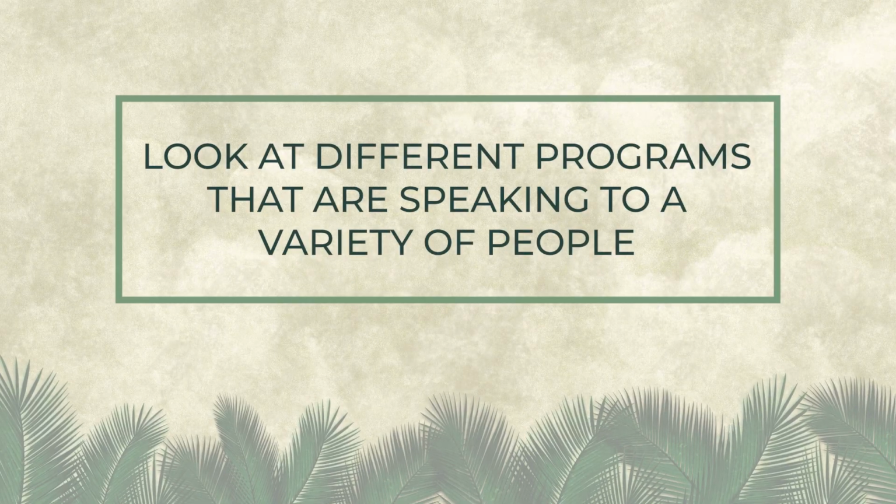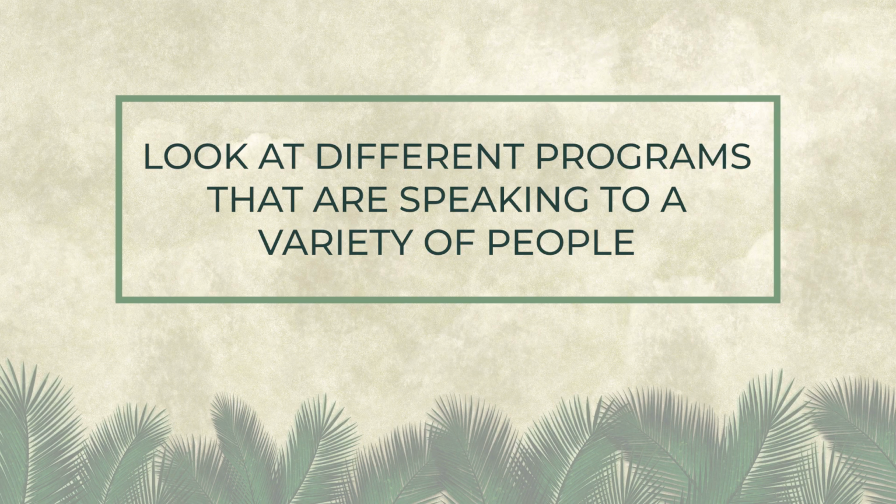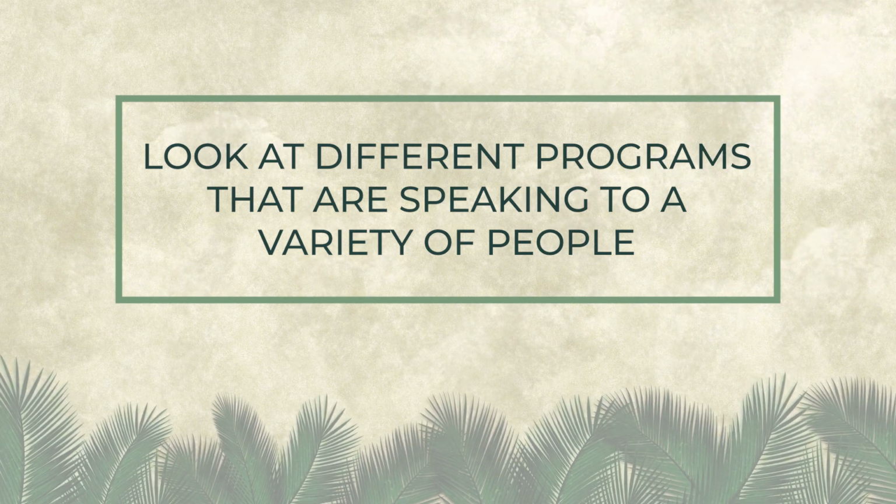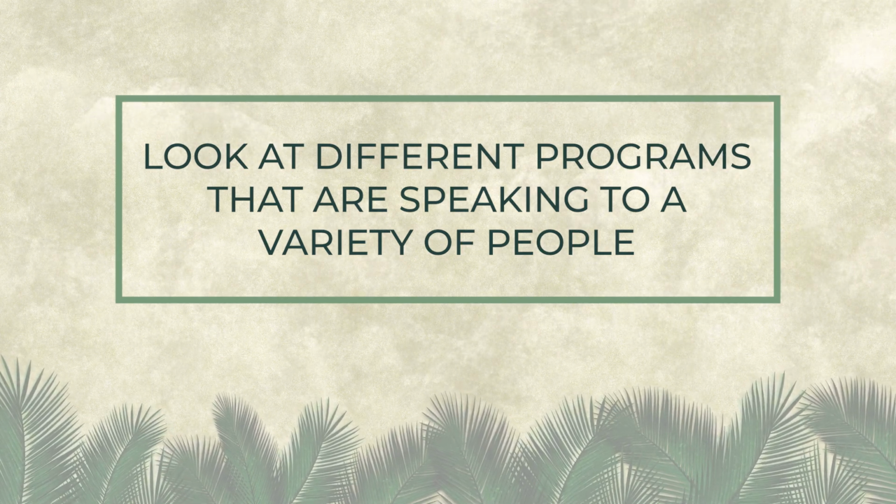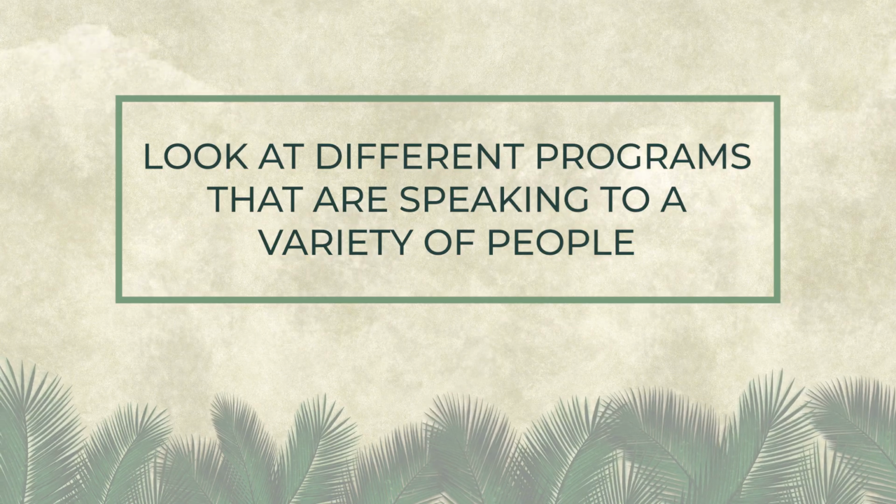And you know that if you add a feminine touch, for example, you will speak to a different audience. Or a non-binary touch, whatever it may be. But the key point here is that you want to make sure you aren't just looking at people who speak to you. You want to look at different programs that are speaking to a variety of people.